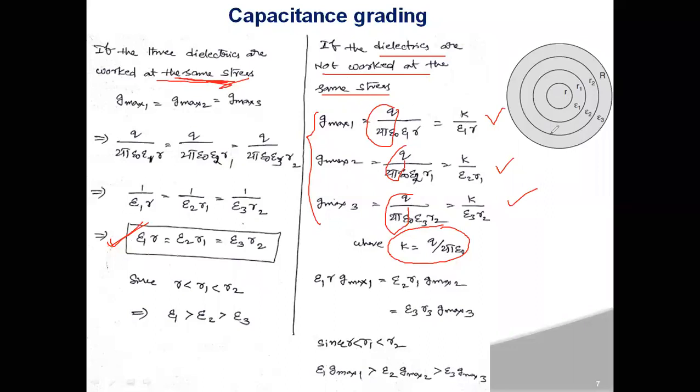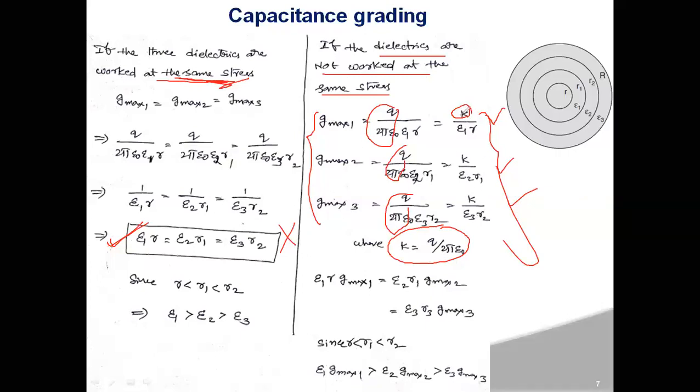Now as the dielectric materials are not working at the same stress, the earlier condition will not be satisfied. From these three equations, from the first, K will be epsilon 1 r into G max 1; from the second, K will be epsilon 2 r1 into G max 2; and from the third, K will be epsilon 3 r2 into G max 3.